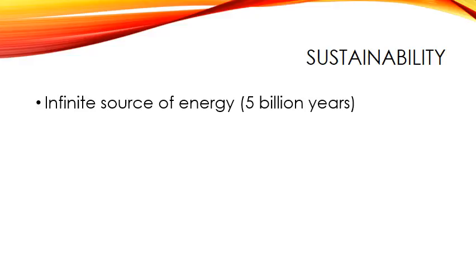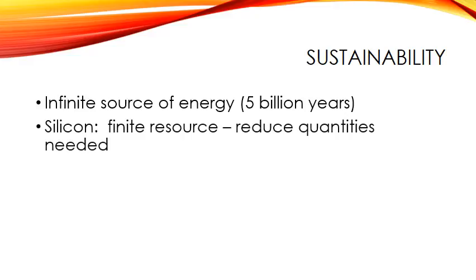Because the source of solar energy is the sun, and current estimates place its life at another 5 billion years, this portion of the solar equation will not be depleted in mankind's foreseeable future. Silicon resources for photovoltaic collection are finite, but technological advances are reducing the quantities needed through thinner application processes while maintaining energy level production.